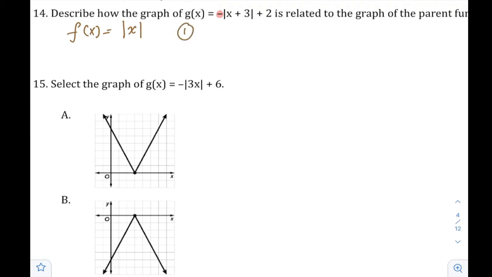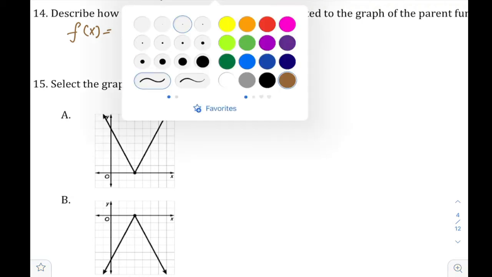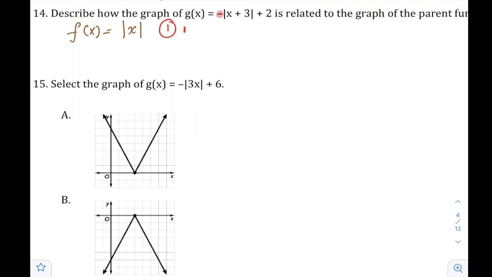So first of all, I write it in red. We have a reflection. Since the minus is outside the group, it's reflection across the x-axis. X-axis means the x-axis will behave like a mirror. If it is opening up, then the image will move down.